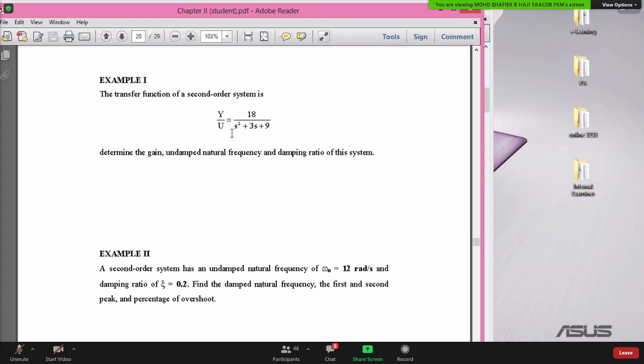If you try to find the roots of this quadratic equation, they are going to be complex roots. The question wants us to determine the gain, the undamped natural frequency omega n, and the damping ratio. Once you have these three quantities, you basically have the solution already.